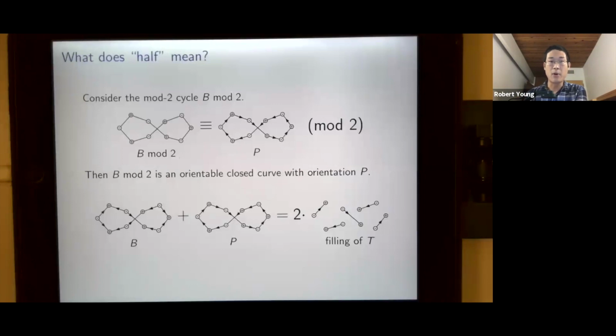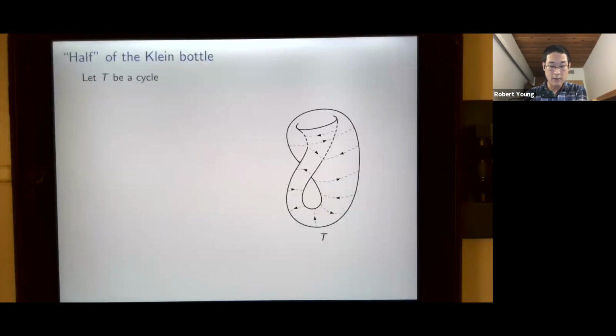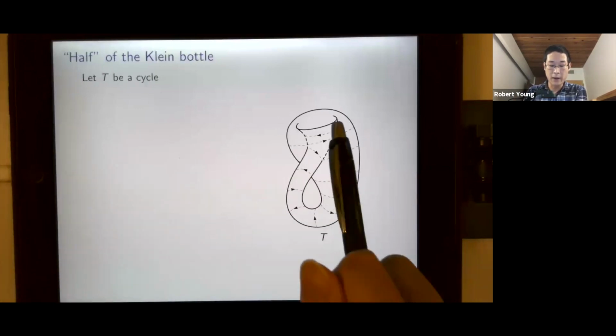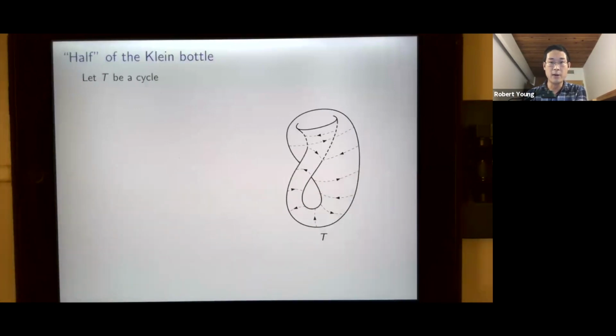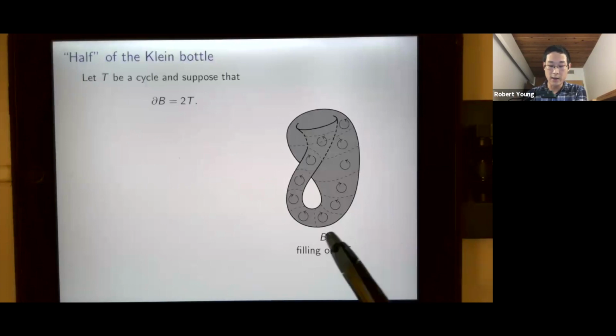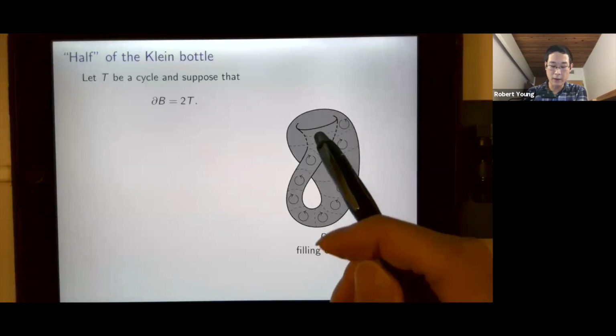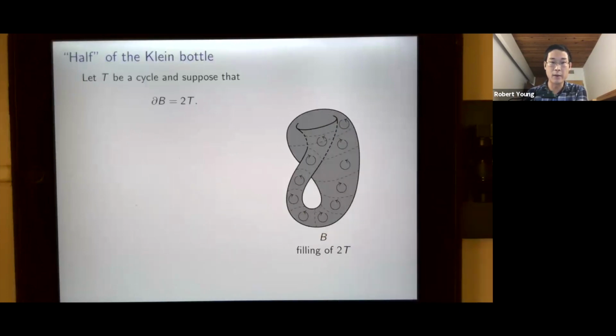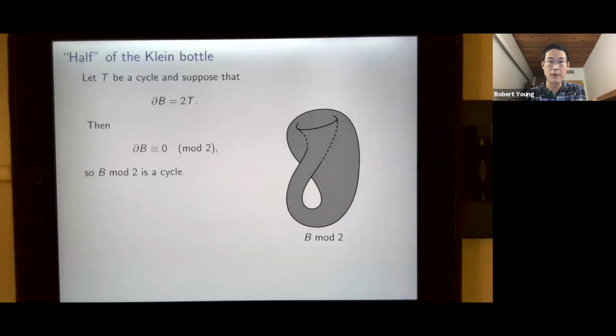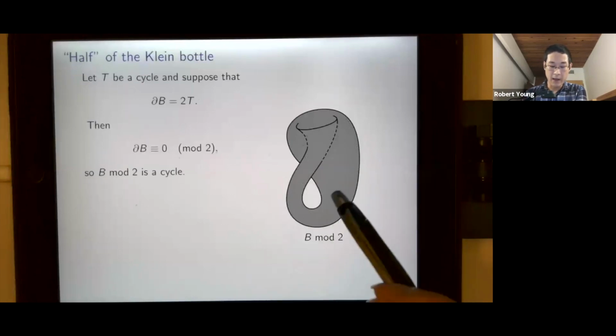So for example, if we try to apply this to the Klein bottle example from before, remember our Klein bottle example, we had this cycle T drawn on the Klein bottle. We had this filling of 2T, call it B, which is made up of all these cylinders with opposite orientations. If you consider this mod 2, if you drop the orientations on these pieces, you end up with a mod 2 cycle.